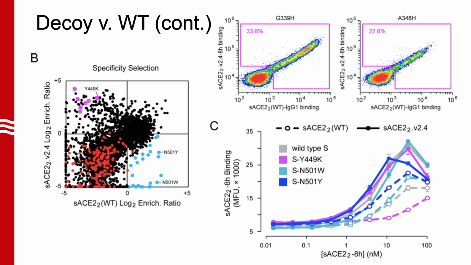Flow cytometry of those mutants, in figure C, showed that these mutants did show an increase in preference for wild-type receptor. However, the binding was still strongest to the decoy receptor. This binding strength is illustrated by the solid lines in figure C and how they consistently rise above the dashed lines, which correlate to wild-type receptor binding.